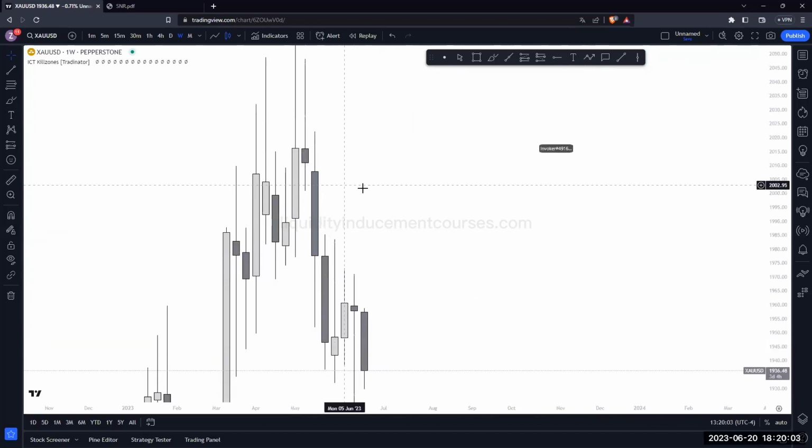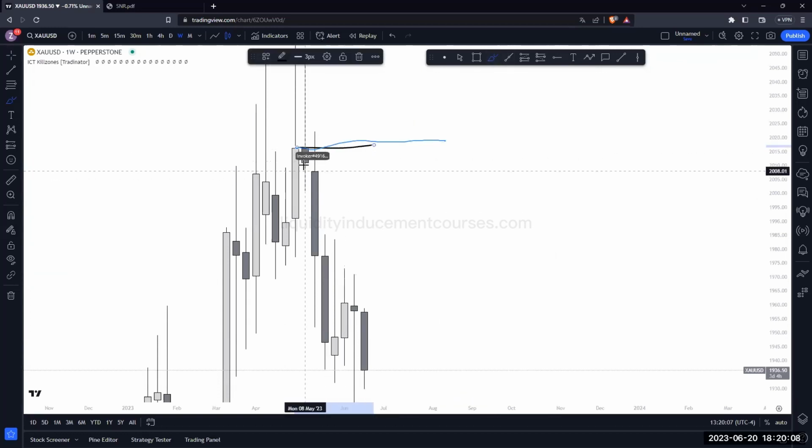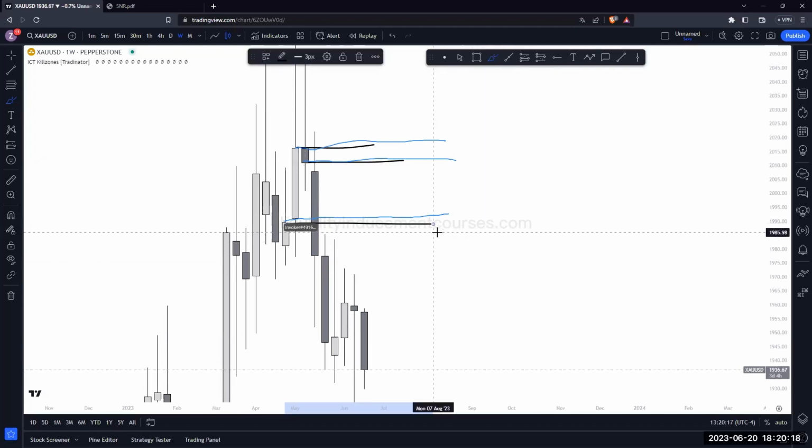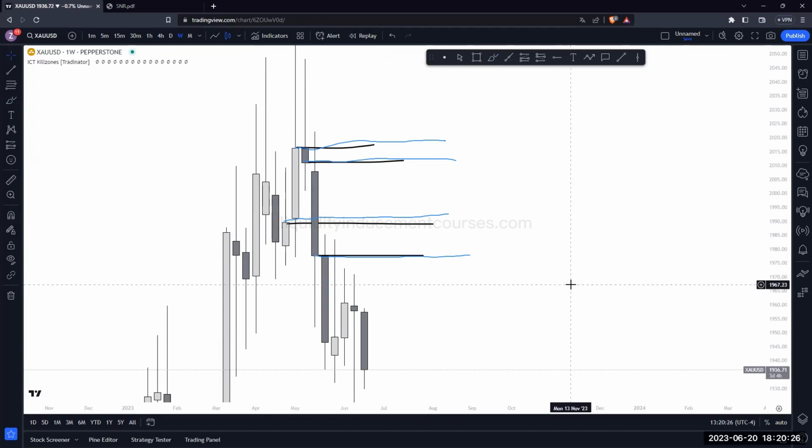Okay, so this one as a level, right? And then this one as a level. And then this one. Okay, so are those all the levels that you mark on the weekly?